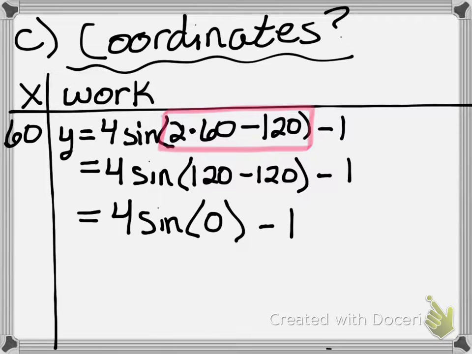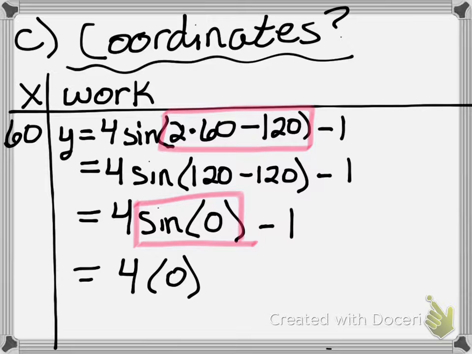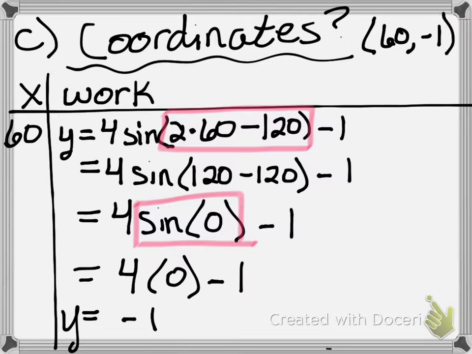Now, if you type sine of 0 into your calculator, your actual answer is 0. 4 times 0 minus 1 actually gives us an answer of -1. That's the y value of this coordinate. So one coordinate you are going to graph is 60, comma, -1.